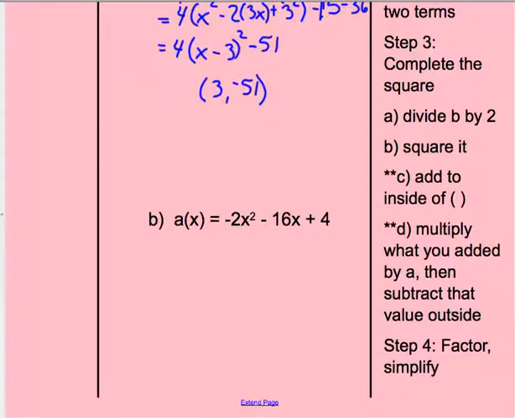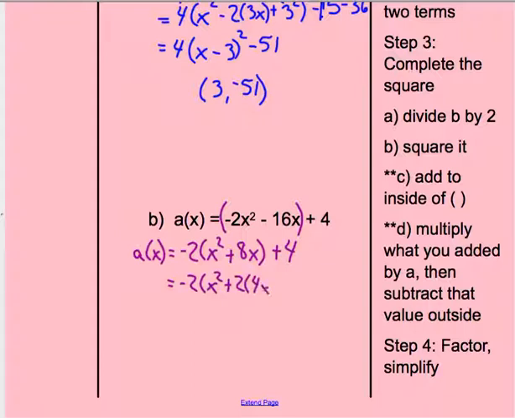All right, one more. Once you feel comfortable with this, go ahead and jump to the U-try. I'm going to isolate my two terms with the x, factoring out my lead coefficient, completing the square inside the parentheses, cutting that b term in half, squaring the 4, adding it inside, and I didn't just add 16, I added 16 times negative 2.